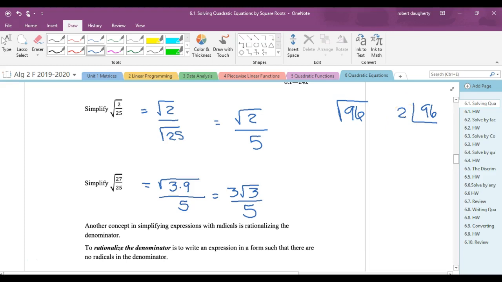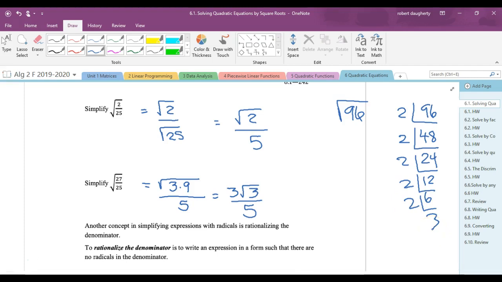It's divisible by 2, and this is what? 2 times 48, right? 48 is also divisible by 2. That's 2 times 24. This is still yet divisible by 2. I keep dividing by 2, and I get this, okay?